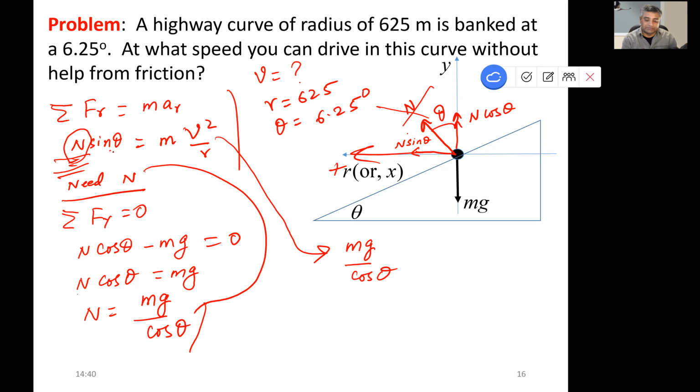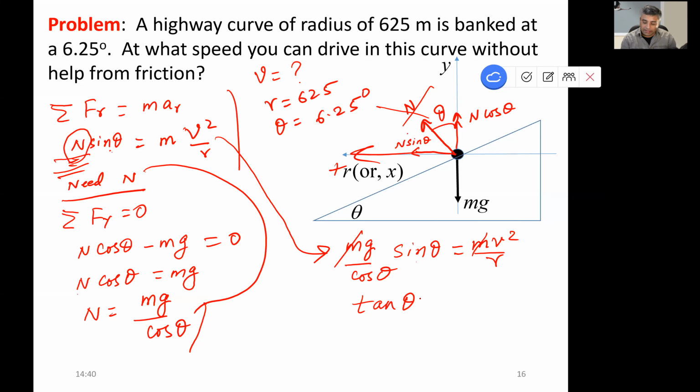Now, copying everything else, sine theta, m v squared over r, and now I can see mass cancels. Hey, there is sine theta over cosine theta. Can we replace that with something like tan theta?